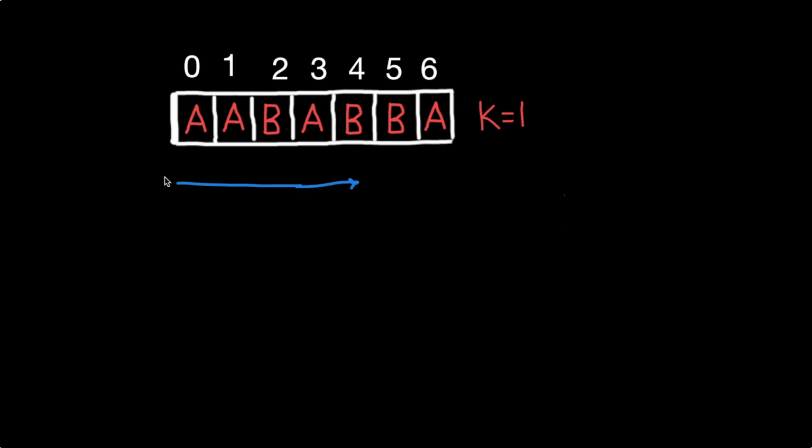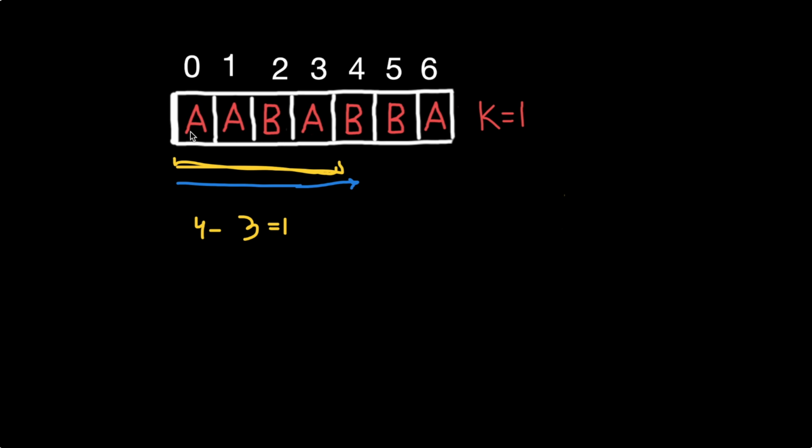So for example, here you can see that the maximum frequency of a character within this sliding window is from A, and it is 3. And why are we doing this? When we subtract this number from the sliding window size, whatever number we get will be the replacement needed within that sliding window. So here, 4 minus 3 means I have to replace only one character, which is the less frequent one, B.